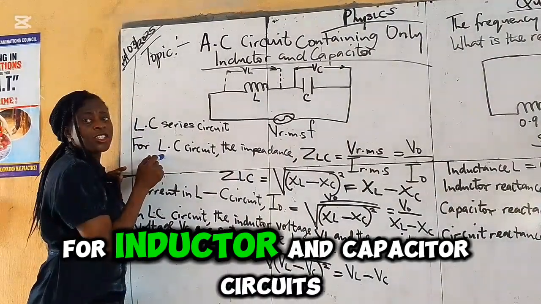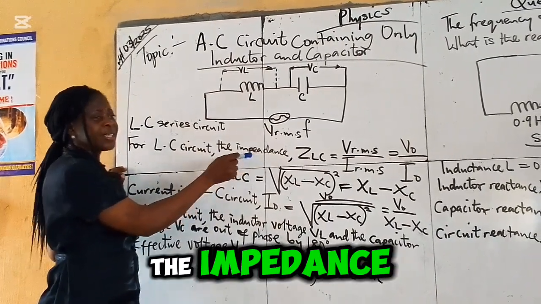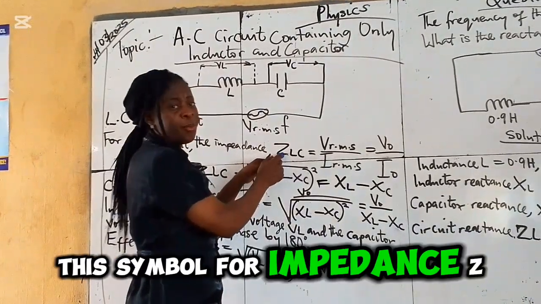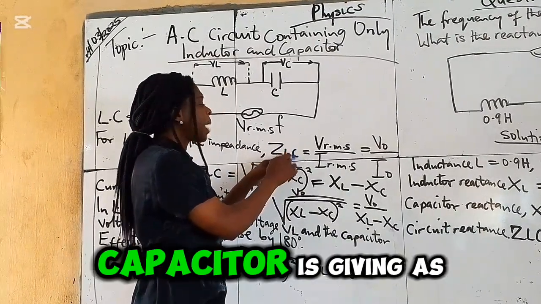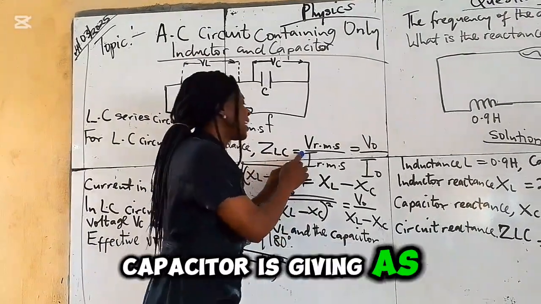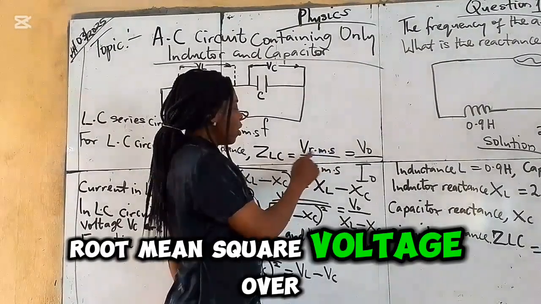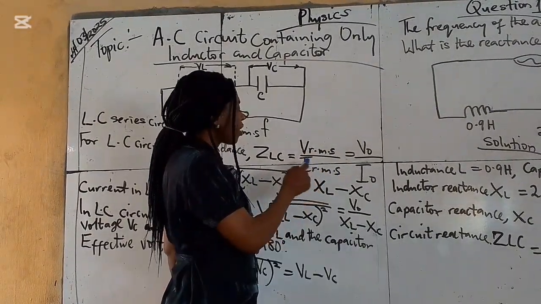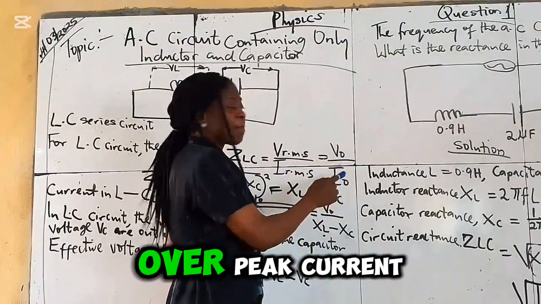For inductor and capacitor circuits, the impedance, with the symbol Z, is given as root mean square voltage over root mean square current, giving us peak voltage over peak current.